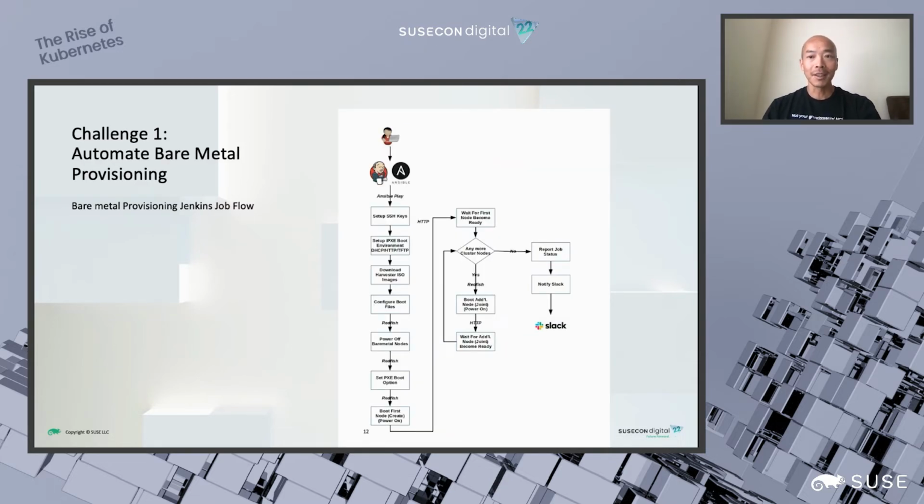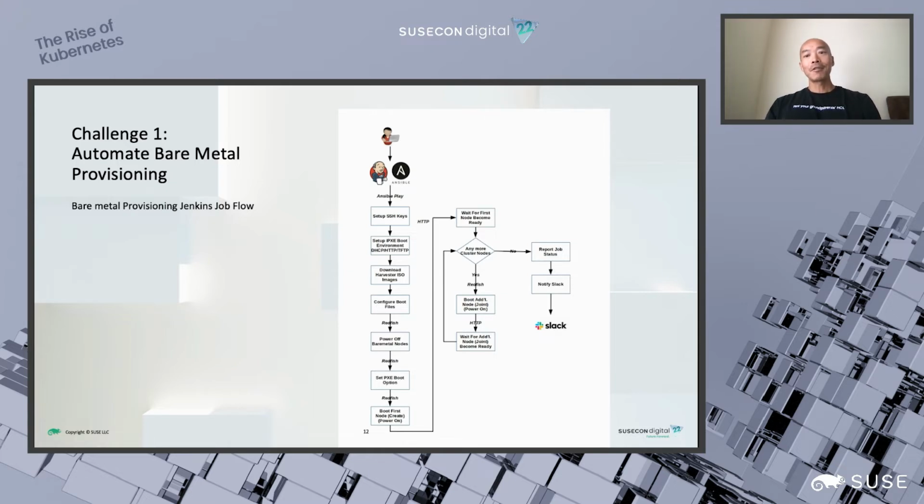Now let's walk through the play to see how it works. First, it sets up the appropriate SSH keys on the deployer so that the owners can log into the environment. Then we make sure the iPXE boot environment is pristine by updating the HTTP, DHCP, and TFTP components on the deployer. The next step is to download the correct versions of the Harvester ISO images onto the deployer.